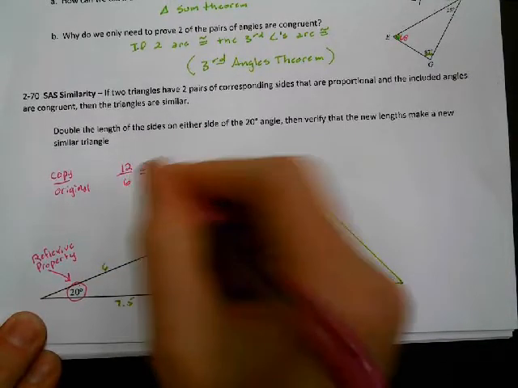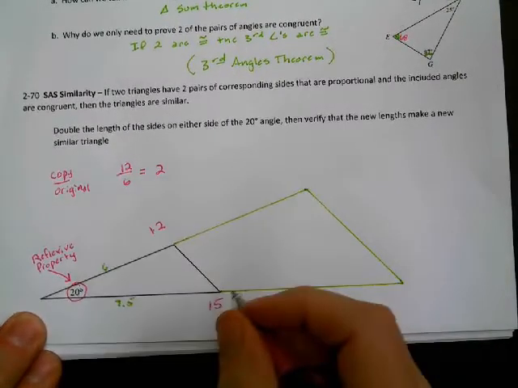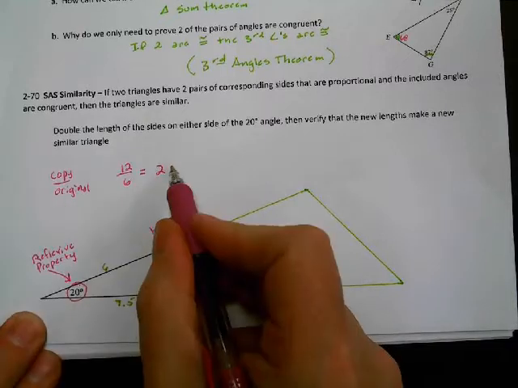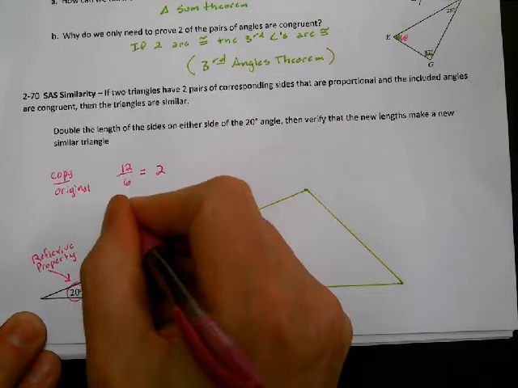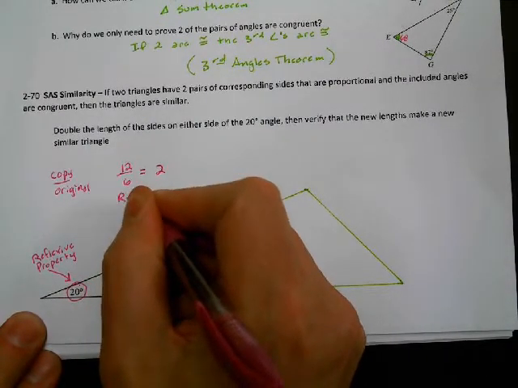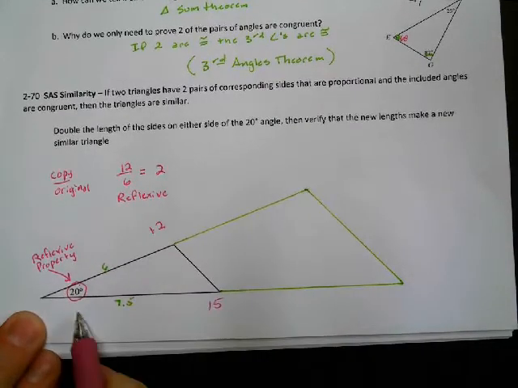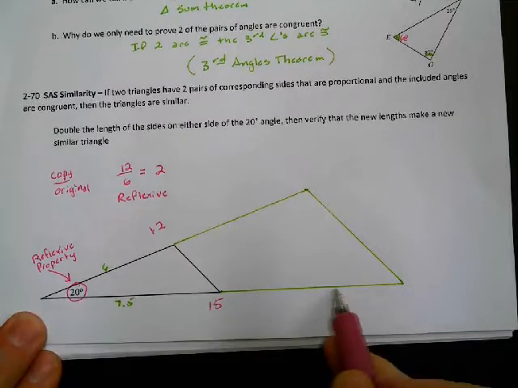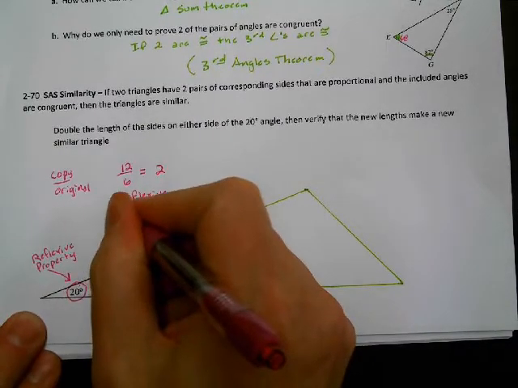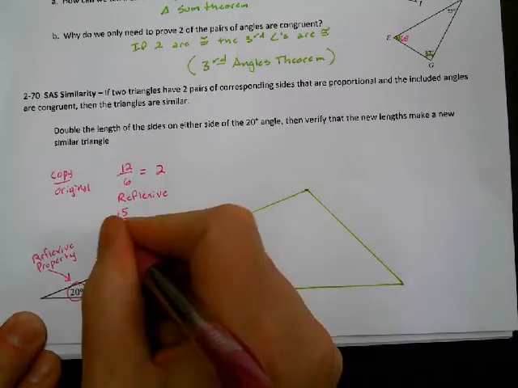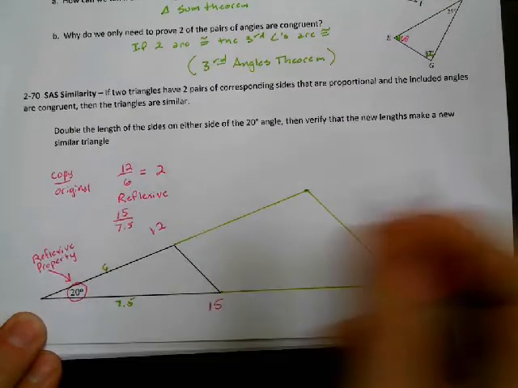So that's a side. Then we had the reflexive property. And then we have the other side. The copy is 15. The original is 7.5. 15 over 7.5 is still 2.